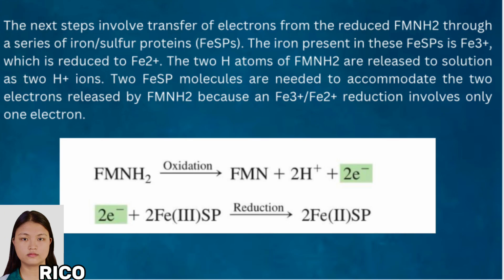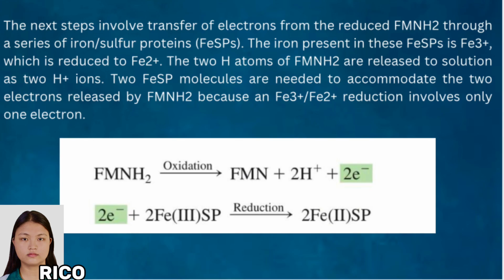So as the electrons flow through complex 1, the energy released is used to pump protons, or hydrogen ions, from the mitochondrial matrix into the intermembrane space. This creates a proton gradient, which is like a reservoir of potential energy that will later drive ATP synthesis.